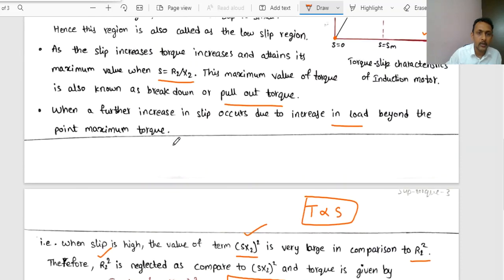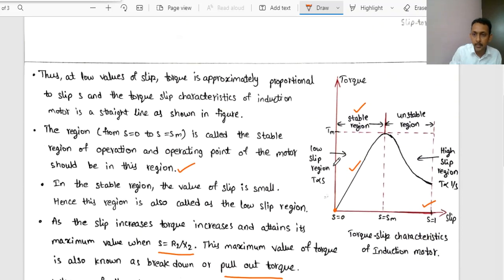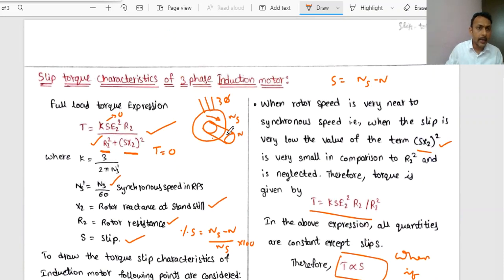Very, very important. So this is the unstable region, where torque is inversely proportional to slip. In the stable region, torque is directly proportional to slip. So this is all about the slip torque characteristics of the three-phase induction motor.